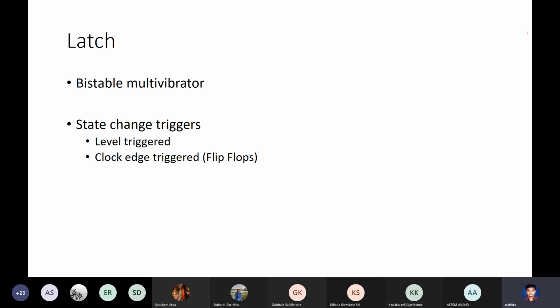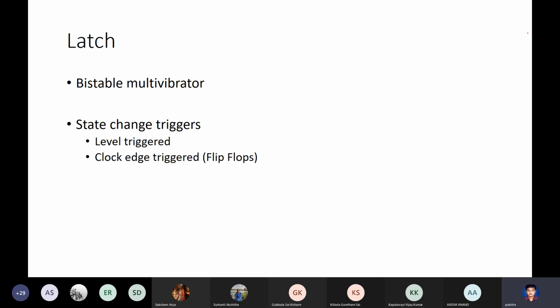In a clock triggered latch, the moment there is a change in input, the output may not change. It will wait till the next clock edge, either an up clock edge or a down clock edge, and then it will change. So this is called an event triggered or a clock triggered latch.